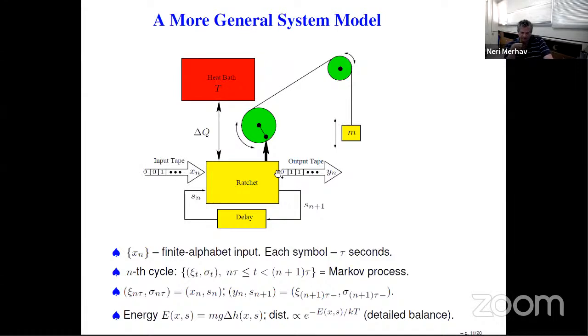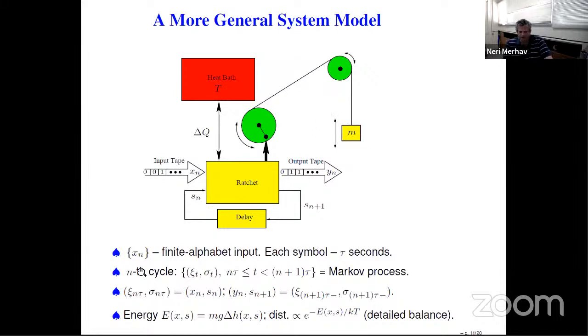And there's also, like before, an output tape of bits written. And there's an internal state variable, which I denote by S_n, which is updated by the mechanism of the system. It interacts with a heat reservoir and also with the machine. And again, we have state transitions, and the energy level depends on the height of the mass.